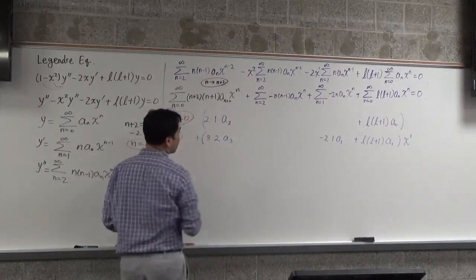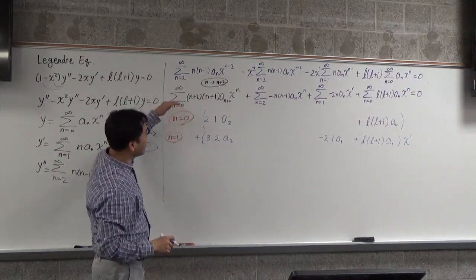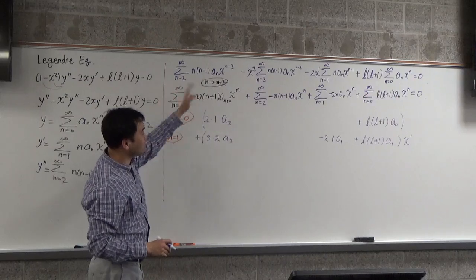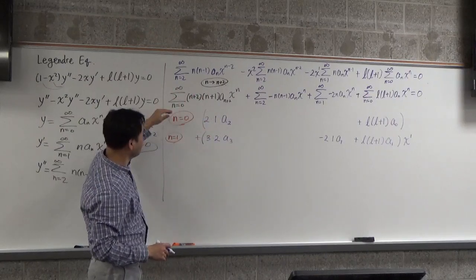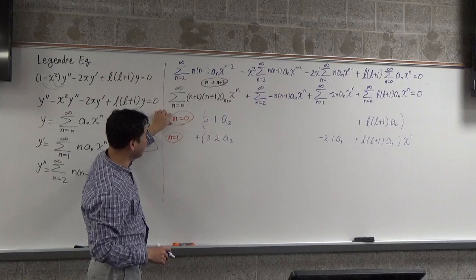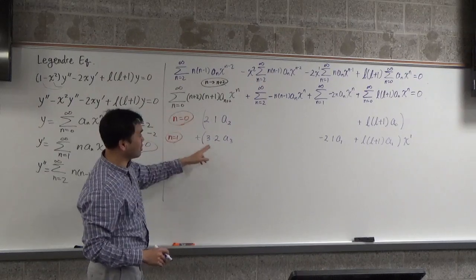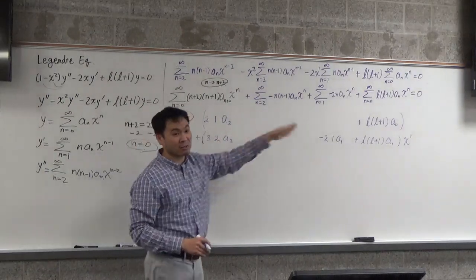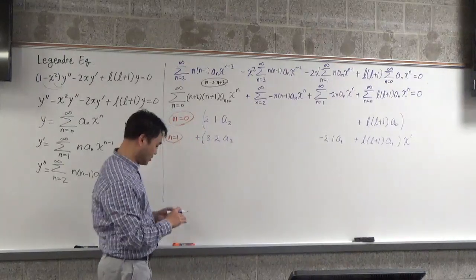Okay. So if I reorganize these 4 sums in the order of n, when n is 0, this is what you get. When n is 1, you get these. And I factored out the x to the first power outside.